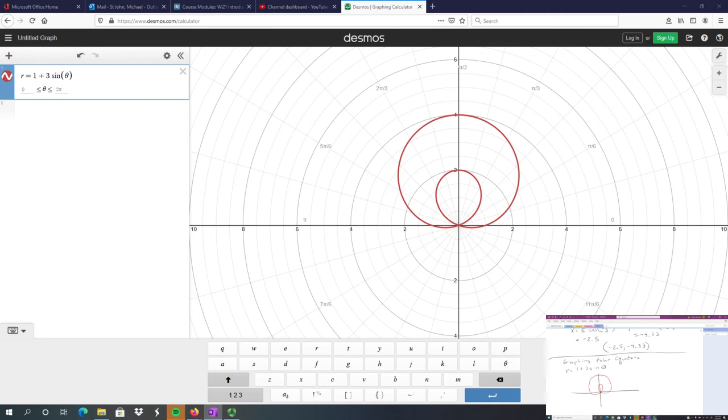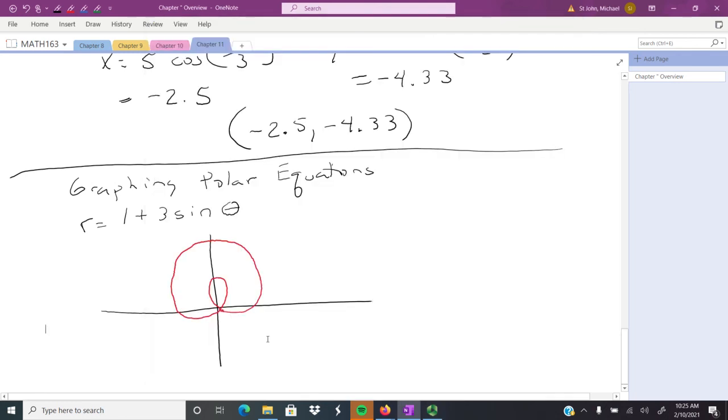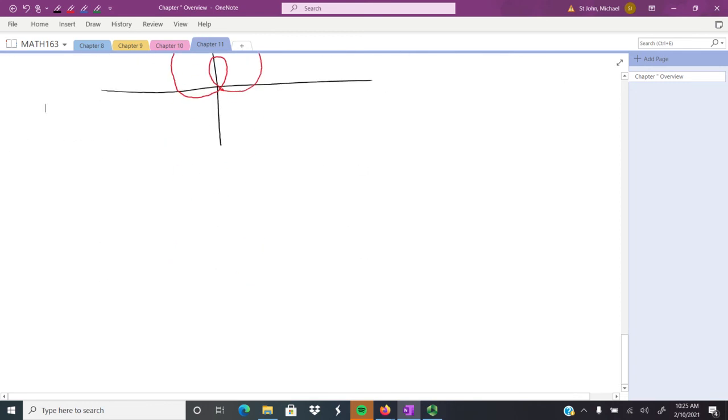So let's go back to just my one screen for now. We should be back on the main screen here with the graph that I drew. So we can also look at derivatives here. We can find the slope of a tangent line. Again, remember, slope is derivative.